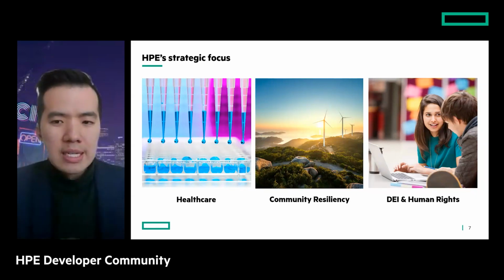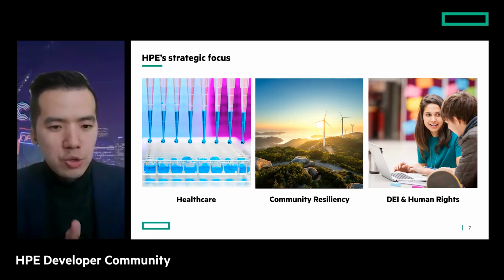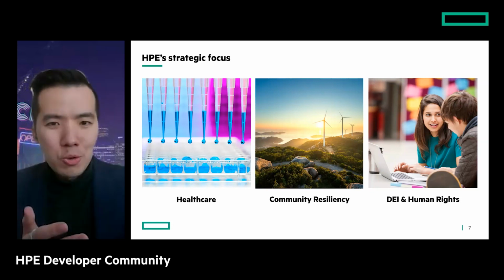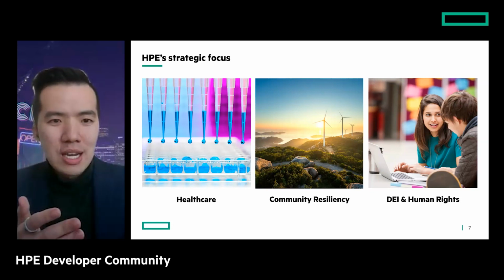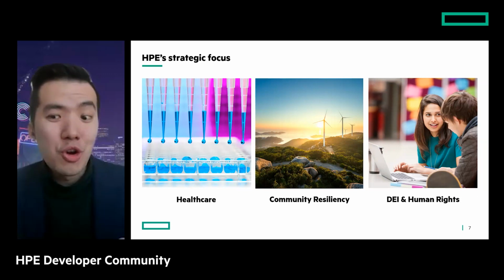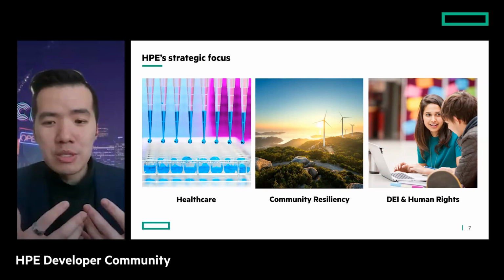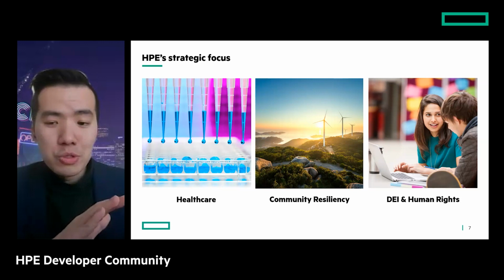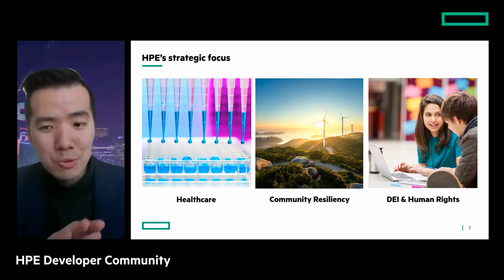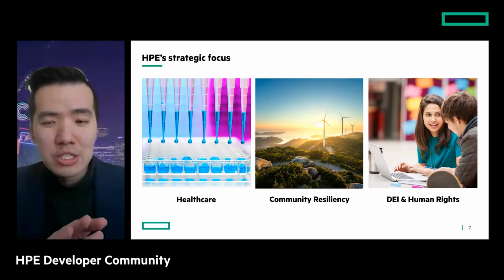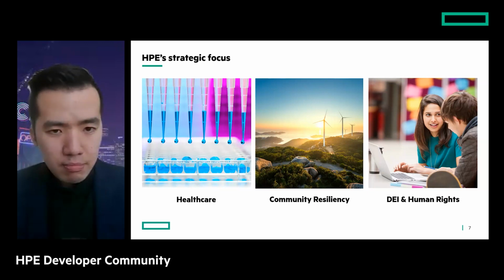And so again, we see technology has good potential for good, but also potential for harm, right? And here at HPE, we want to make sure that we use our technology, our talent, our resources to drive the change that we want to see in the world.